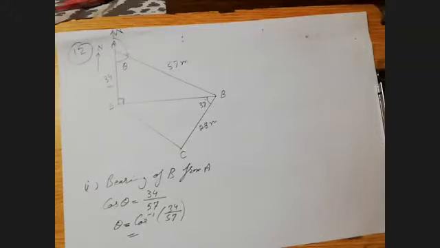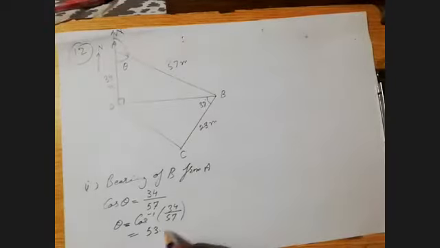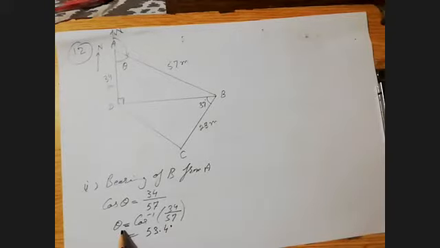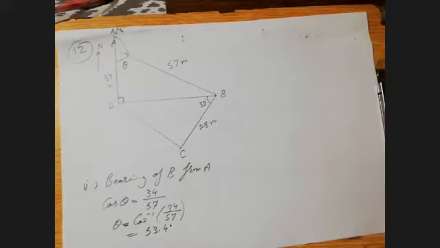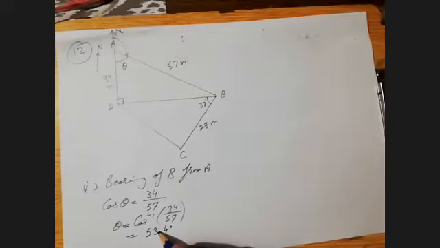Your calculations are 53.4. Okay, 53.4 degrees. So you can see that I applied the cos ratio. 53.38, okay, very good, thank you so much. So 53.38, I have rounded it to 53.4.